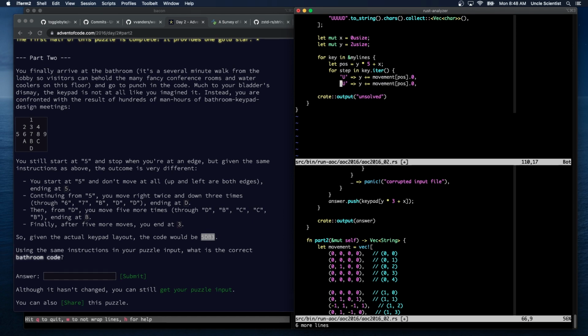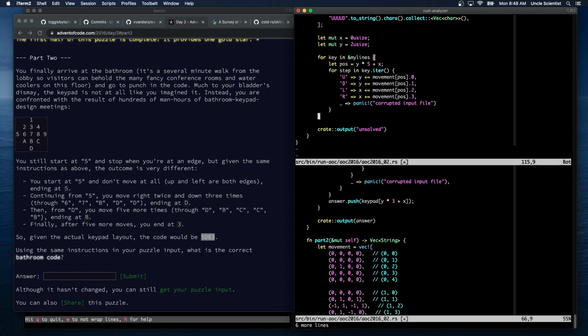And then down is that. Left is x. And right is x plus equals, I don't know why I didn't copy and paste that, but I didn't. And everything else is panic, corrupted input file. Okay.